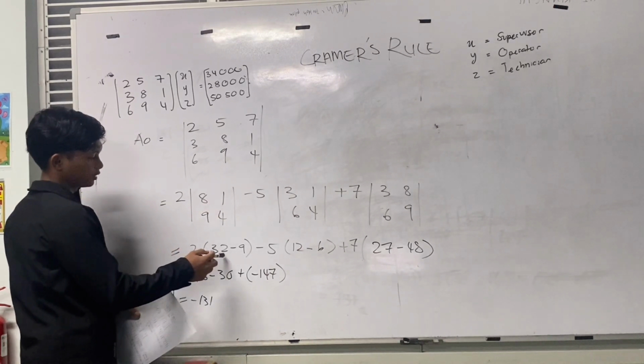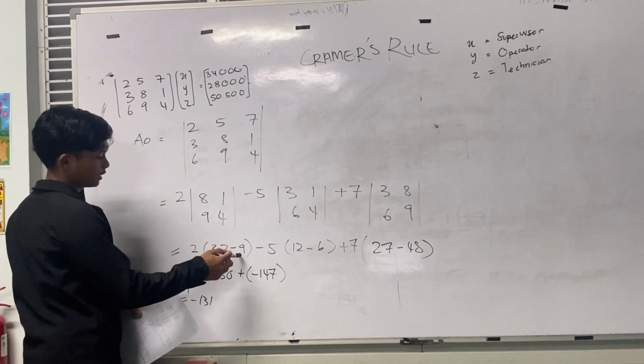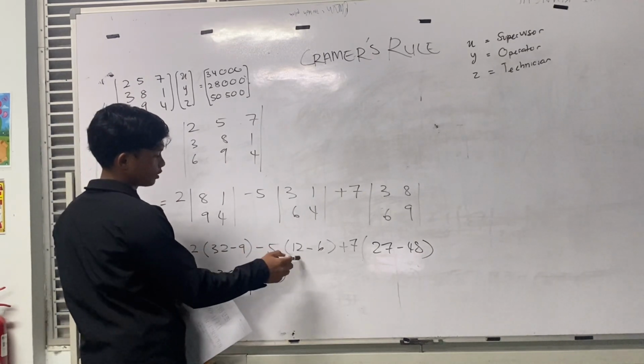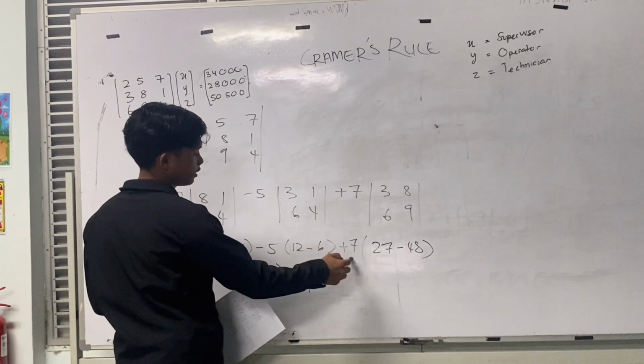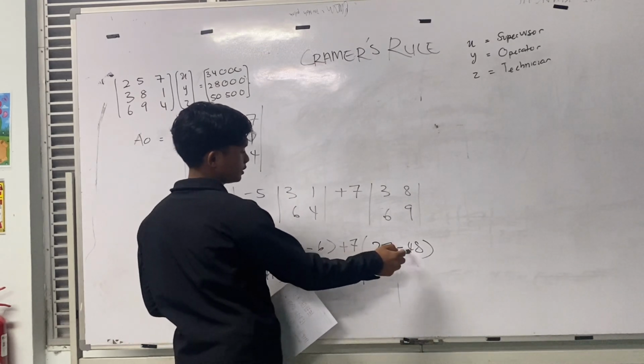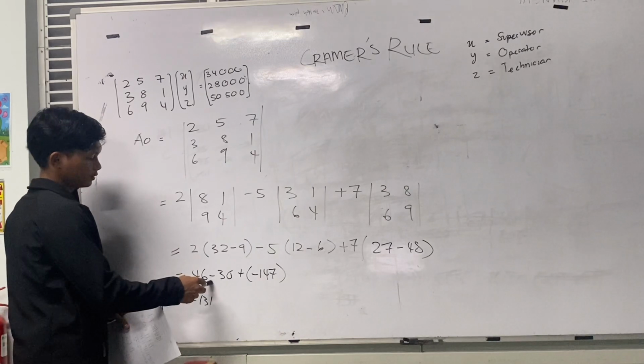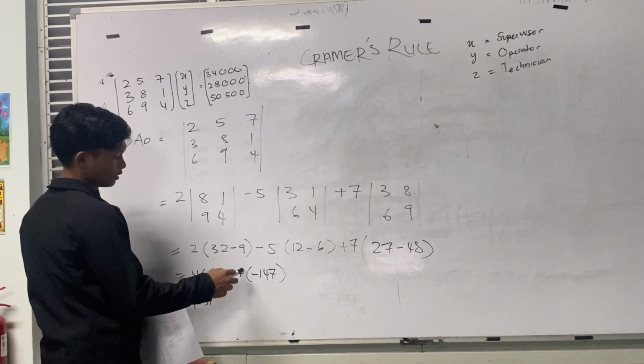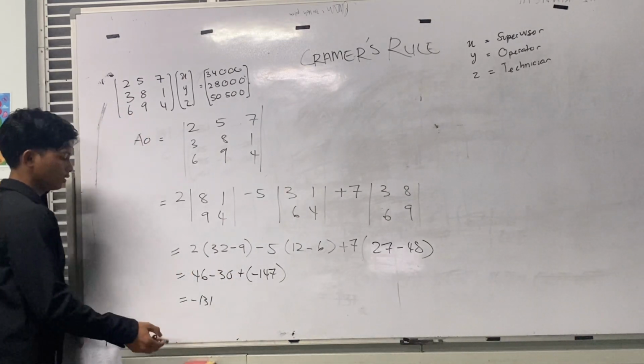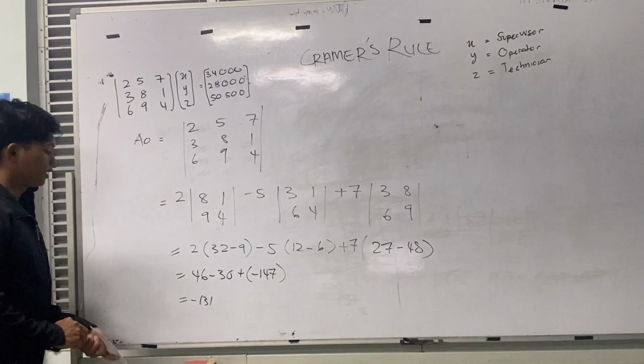So we get 32 minus 9, and then negative 5 times 12 minus 6, and then 7 times 27 minus 48. And then we will get 46 minus 30 minus 174, and then the answer will be negative 131 for your AO.